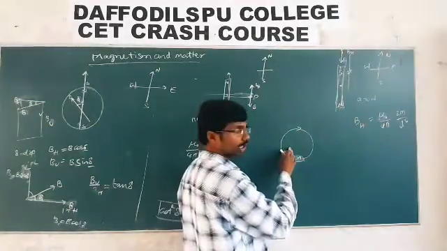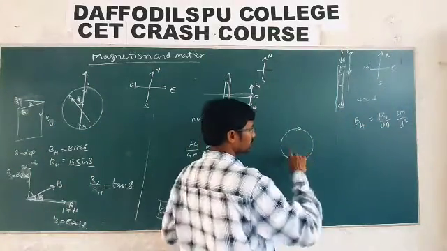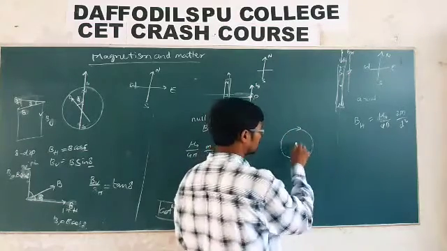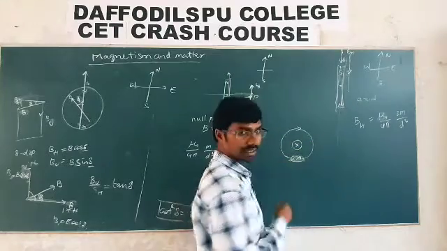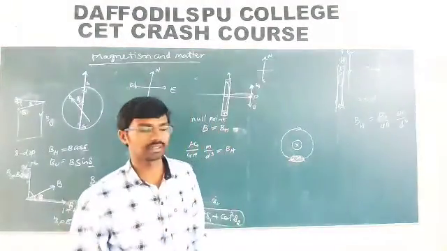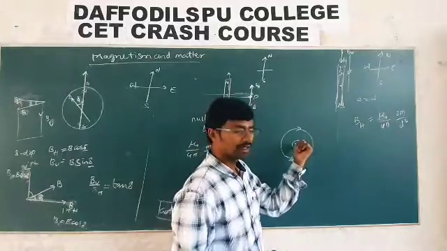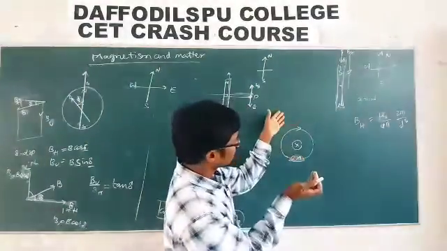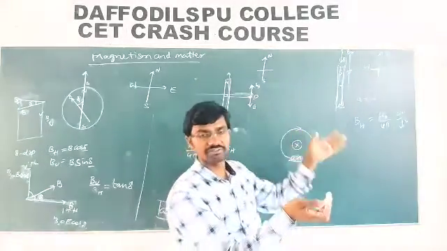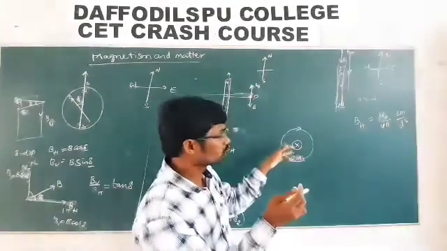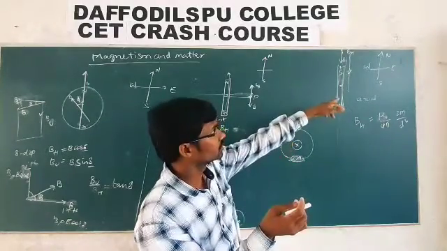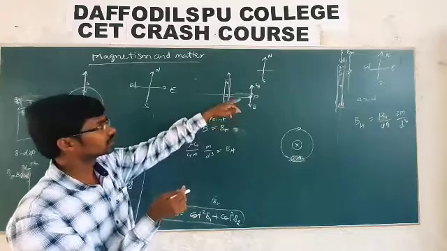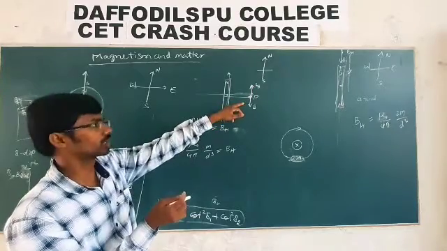The magnetic field is into the plane for clockwise current and outward from the plane for anti-clockwise current. Now this magnetic field will be towards this side south, and on the other face, away from you, it is north. Now the north pole is facing geographic north. Then where do we get the null point? On the equatorial plane.